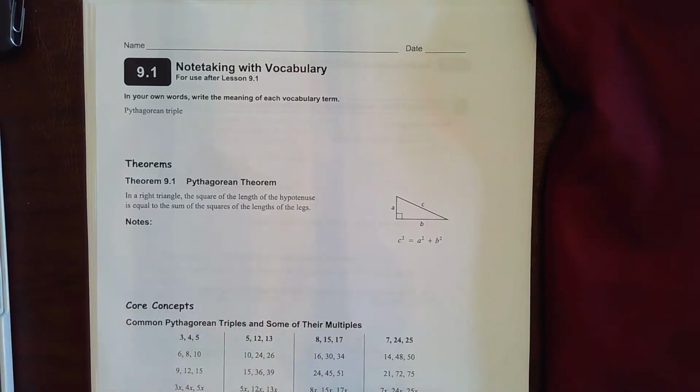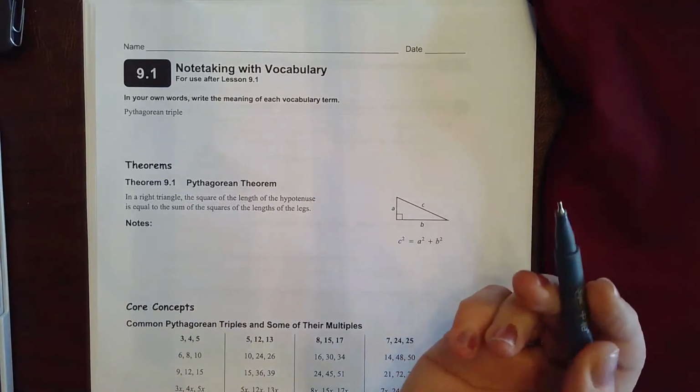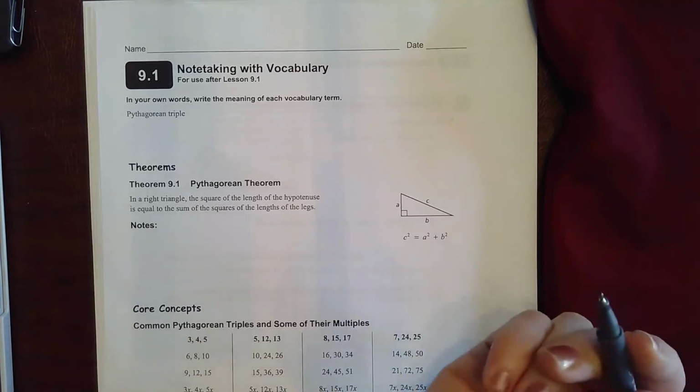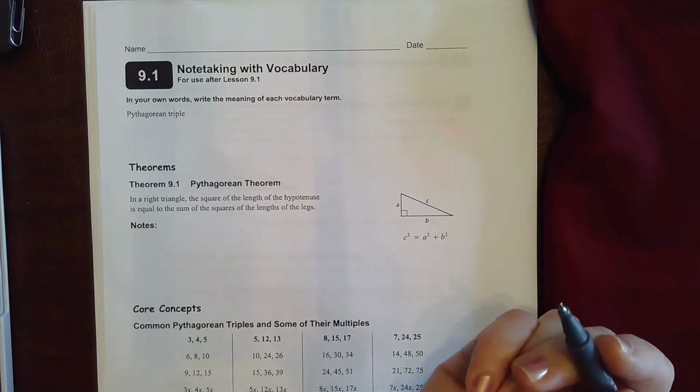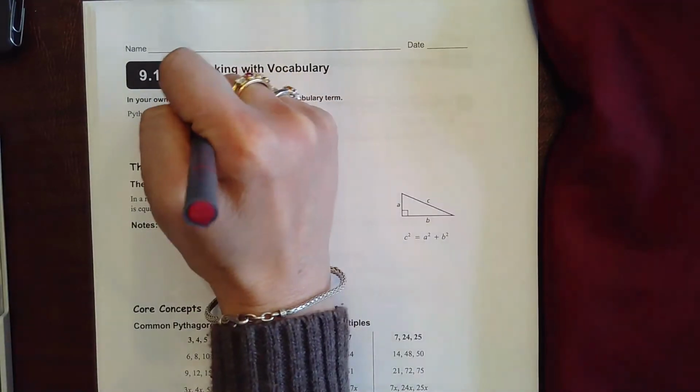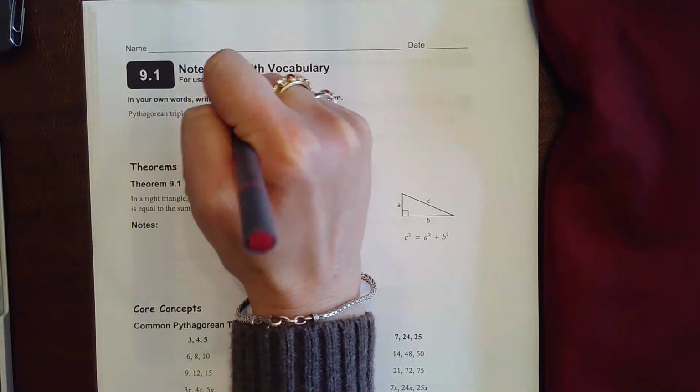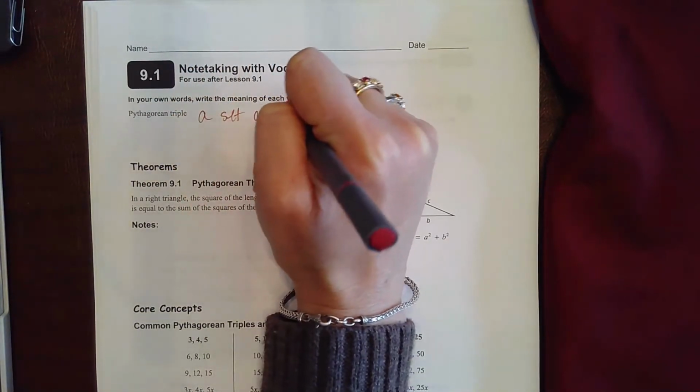All right, so we're going to go ahead and get started on page 244 of your student journals. We are on lesson 9.1. The first thing I just want to talk a little bit about is something called a Pythagorean triple. You might have heard of this before when you've talked about the Pythagorean theorem. What it is, is a set of positive integers.